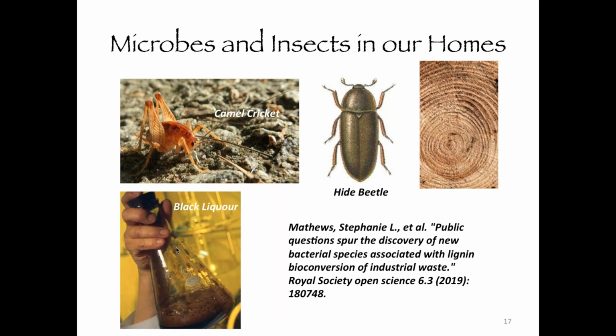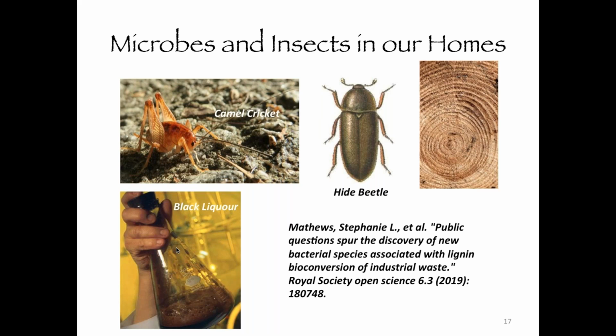Black liquor is a substance that is toxic and very basic. It is a waste product from the paper pulp industry that is commonly produced during the chemical breakdown of pulpwood. Before this study, there were only a handful of species of bacteria that were known to exist that could break down lignin.